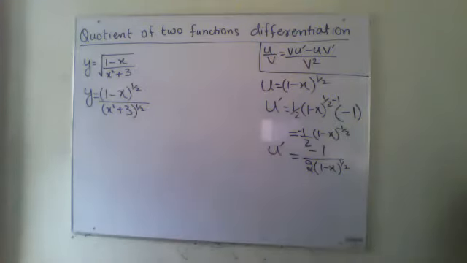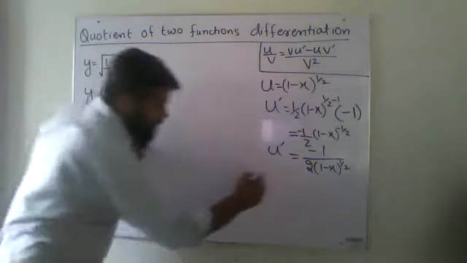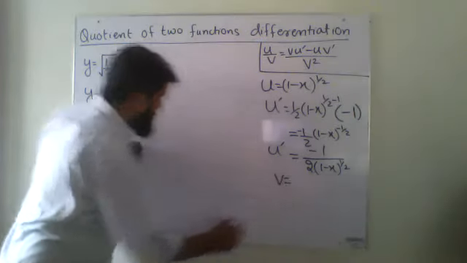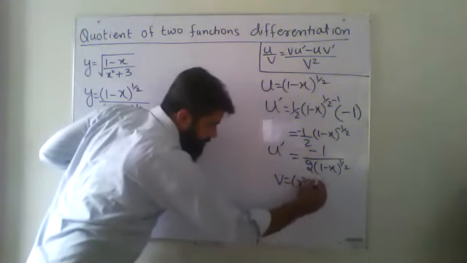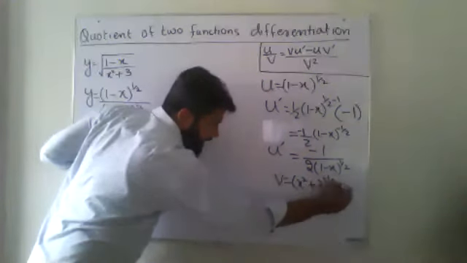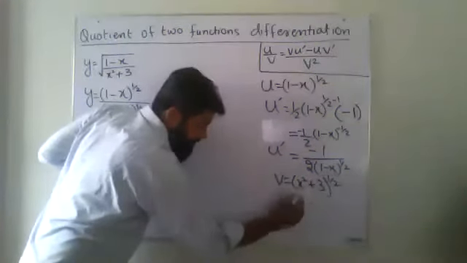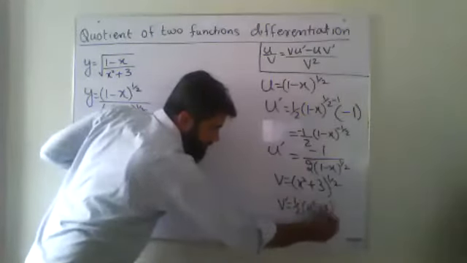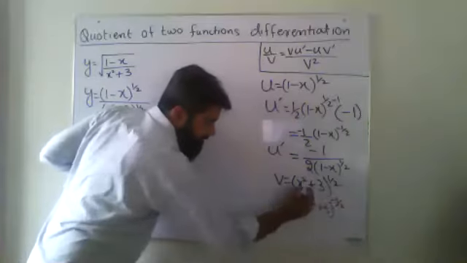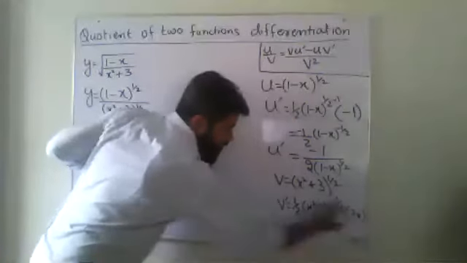Okay? Now in the same way we are going to work with v, and what is v? V is (x squared plus 3) whole power half. V differential will be half (x squared plus 3) power minus half and 2x.